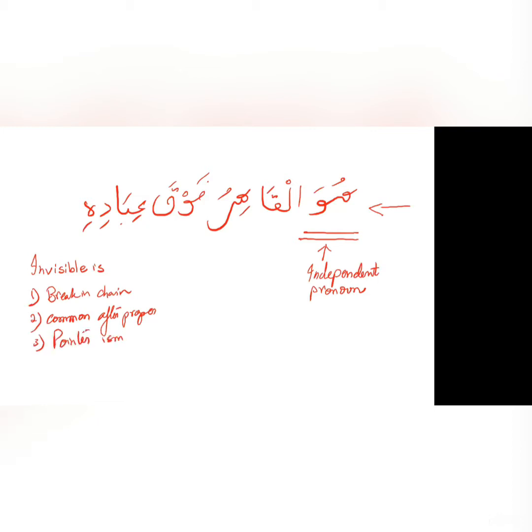After harf of nasab, harf of nasab and its ism, inna and its ism. After the idafa, the fifth reason: independent pronouns. Pronouns will always be mubtada. So this is an independent pronoun, huwa.